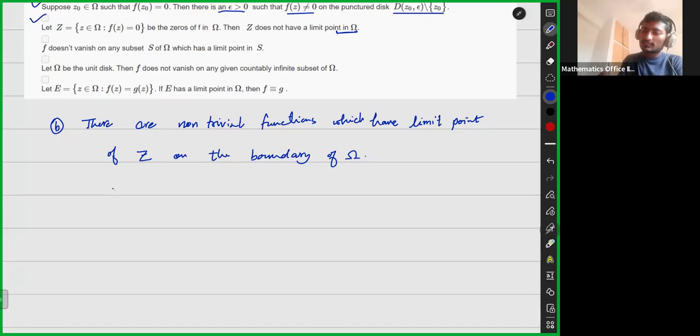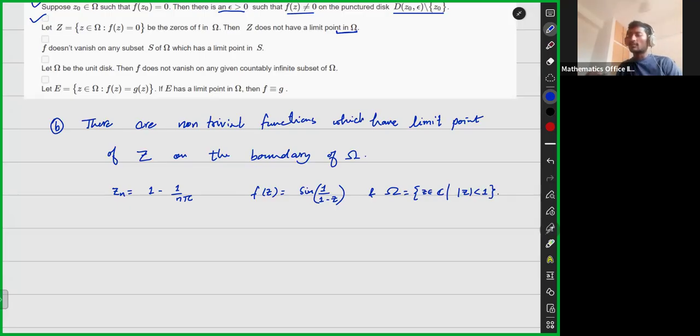We are taking z_n equal to 1 minus 1 by n pi, and the function f of z equal to sine of 1 by 1 minus z. And omega is the open unit disc, the set of z in C such that mod z is less than 1.